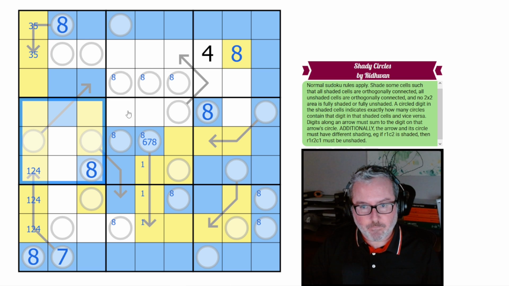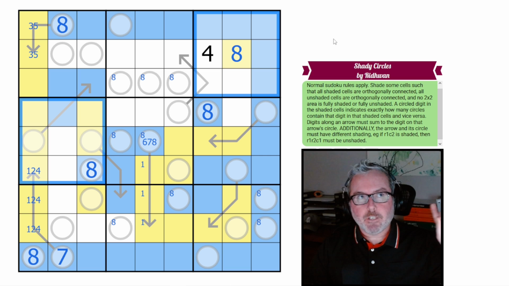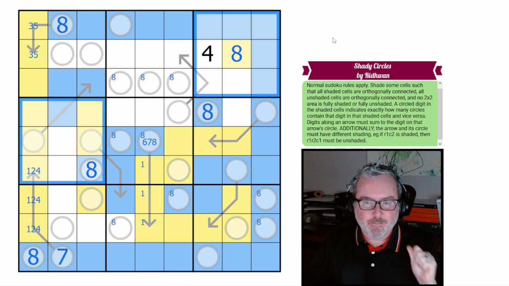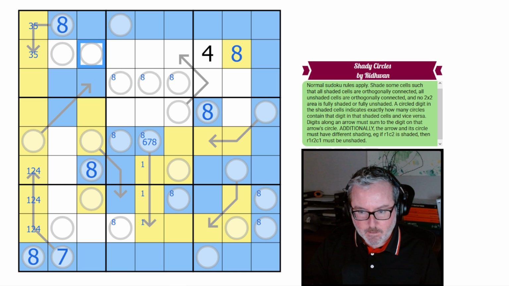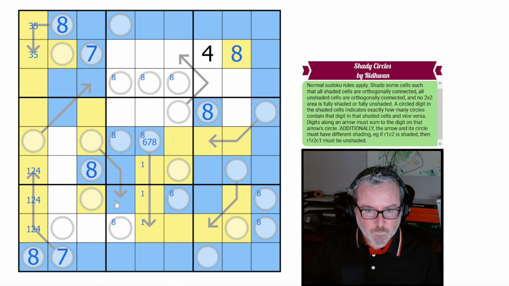So now we have 2 regions that have been ruled out from 7, so every other region must have a 7 on a blue. This can't be a blue 7, so this is a 7, and it is blue. That forces this to be yellow.